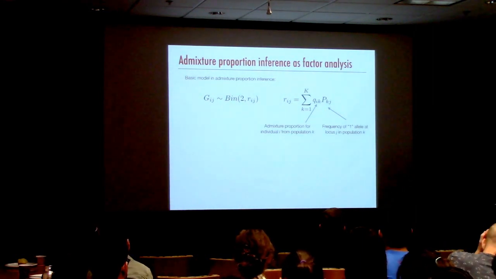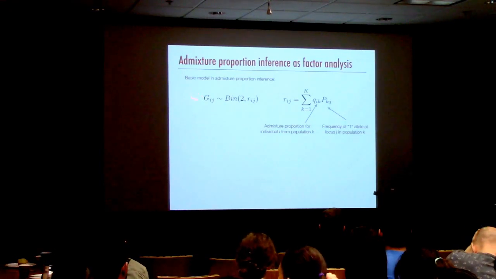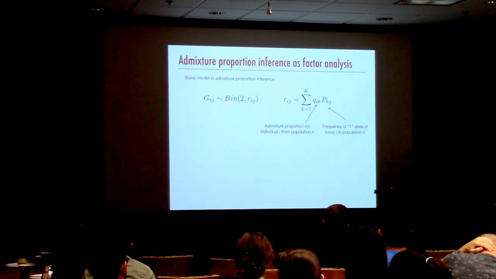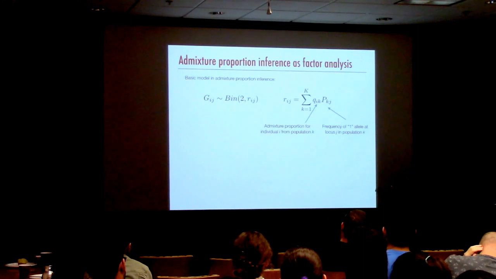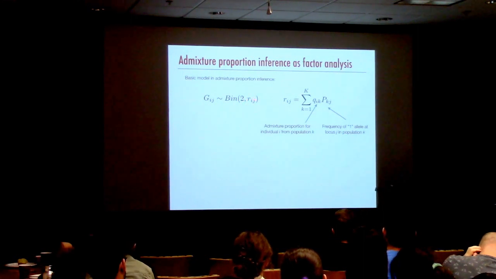One way to write the model is to have the genotypes, these 0, 1, 2s, conceived as binomial draws of sample size 2 with a particular underlying mean or success probability.